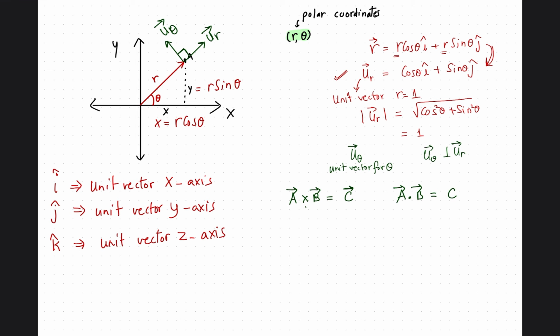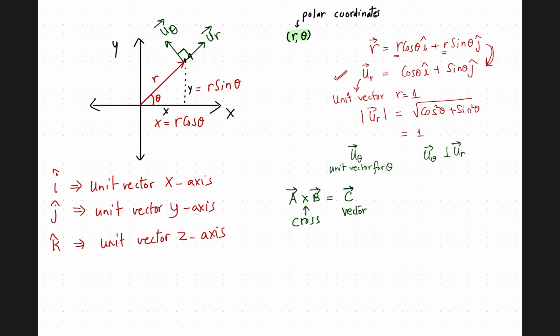So this is called cross product, and this is called dot product. Cross product gives me a vector quantity as an answer, but a dot product gives me a scalar quantity. We are going to focus on cross product, so I'm just going to remove this dot product.